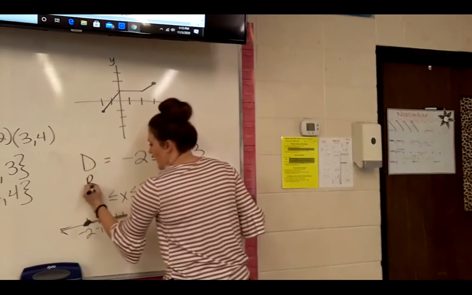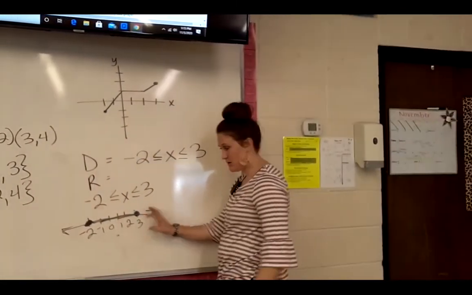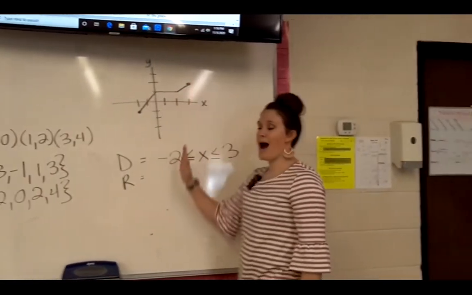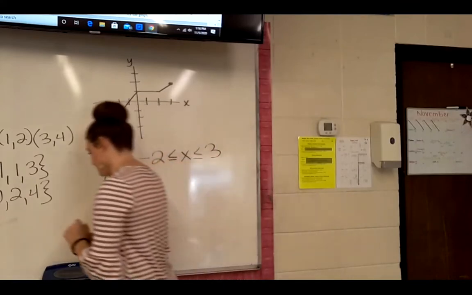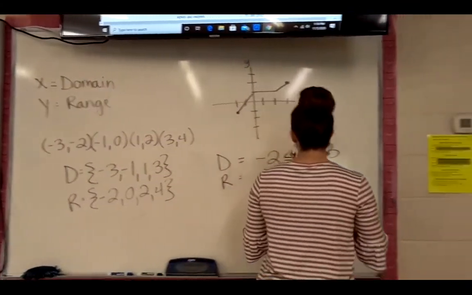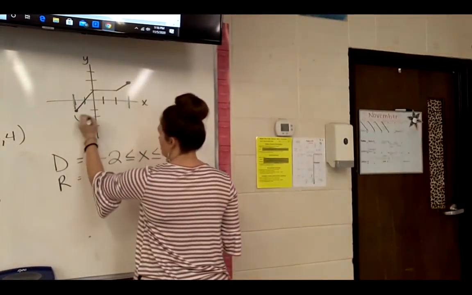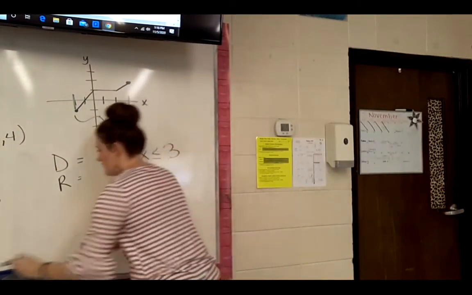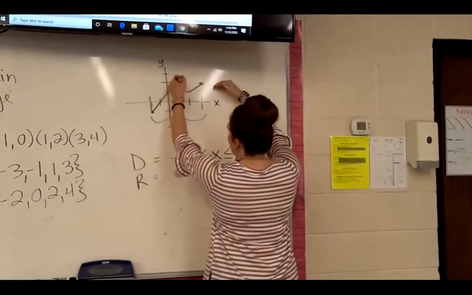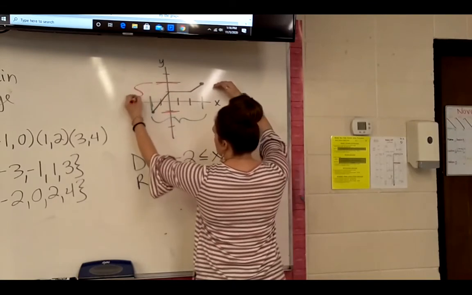Then for your range, you're still thinking about it like this, but now we're only going to look at the y-axis. Let me switch colors. That might help some. So for the domain, we just looked from here to here. On the range, we're looking at the y-axis. So I'm looking from here to here.